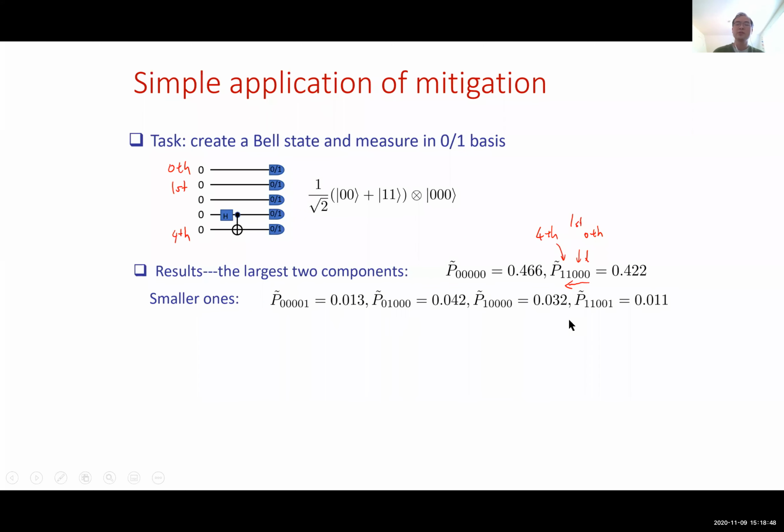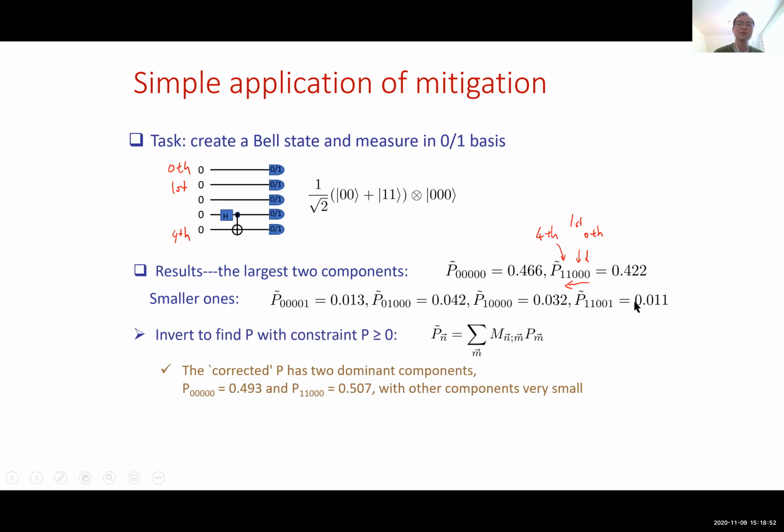And this is the actual measurement distribution. What you could do is invert to get P with the constraint that it is greater than 0. If you do that, you find that for the two main ones, one number increases and the other decreases in the extracted ideal case.